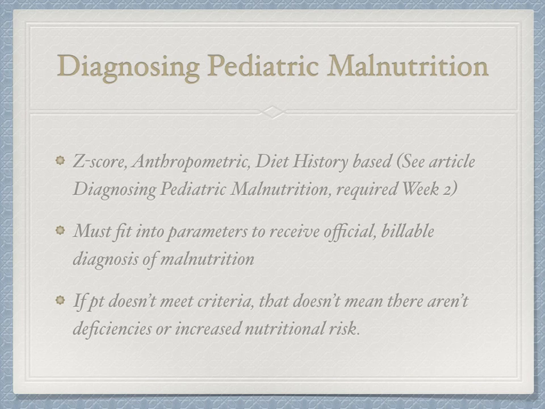To make the diagnosis, the patient must fit into parameters to receive an official billable diagnosis of malnutrition, and most hospitals, medical facilities will hound you for documentation if you have made that diagnosis without the child meeting criteria for malnutrition.